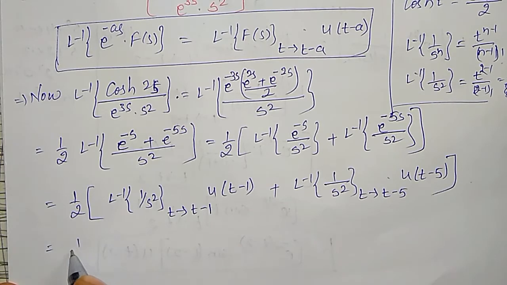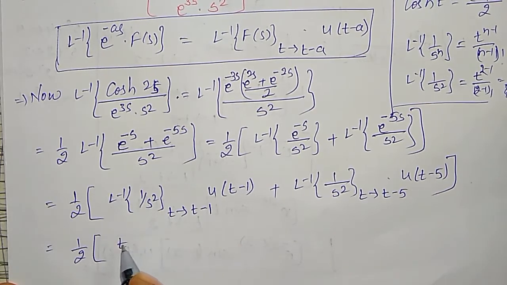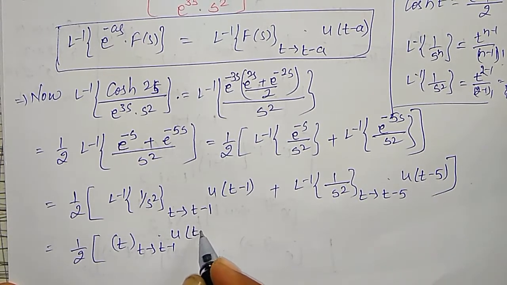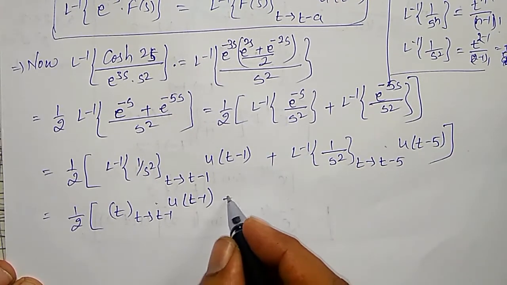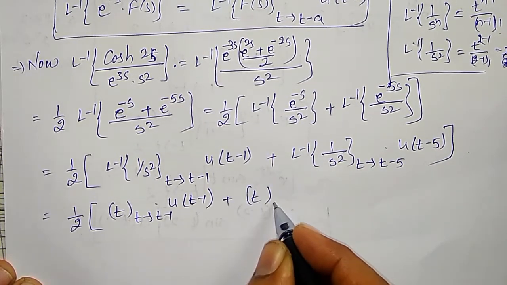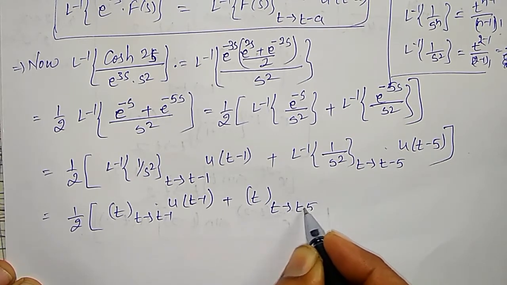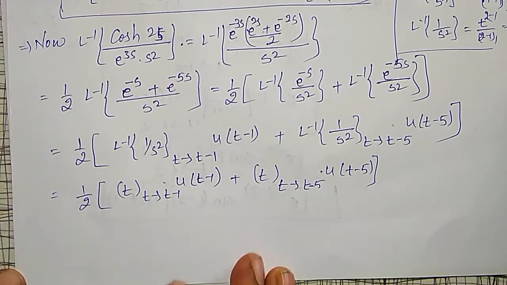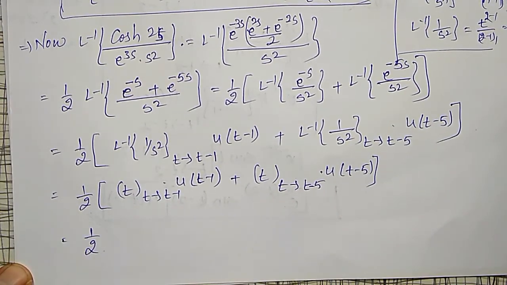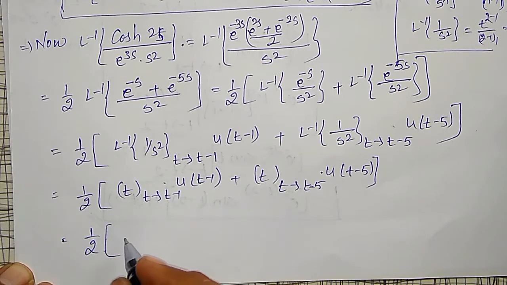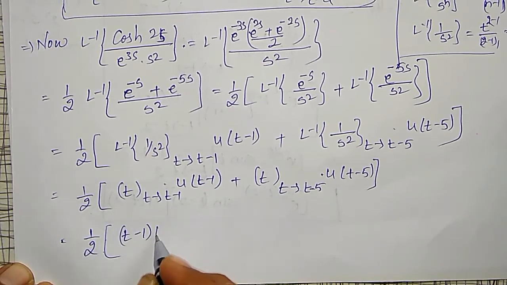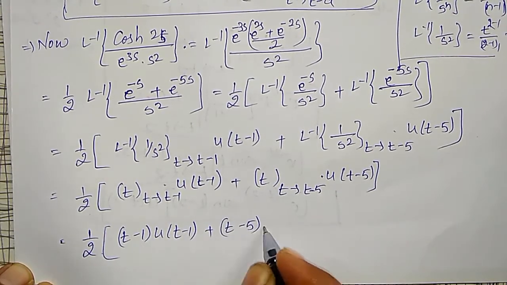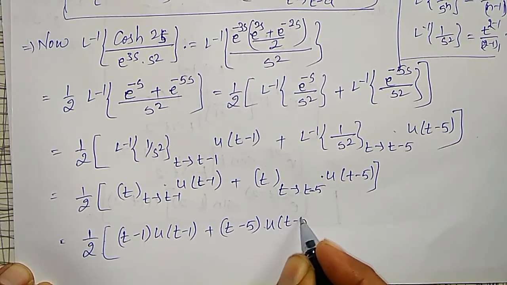Therefore 1 by 2 into bracket t, where t is replaced by t minus 1 into u of t minus 1, plus here also t, where t is replaced by t minus 5 into u of t minus 5. Therefore my final answer is 1 by 2 into t minus 1 into u of t minus 1 plus t minus 5 into u of t minus 5.